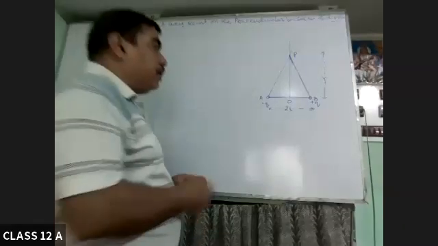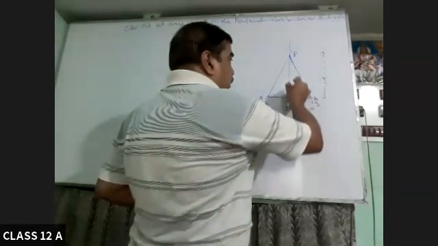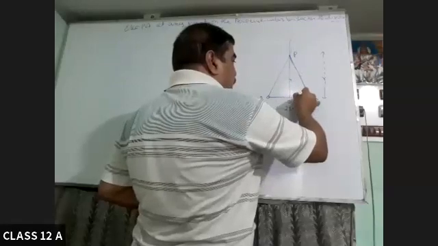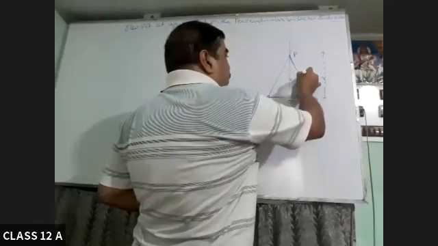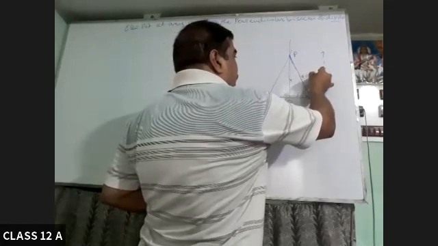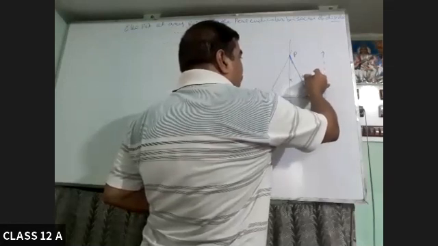Zero, yes, it will be 0. So what will be here? If this is distance r, this is L, then this distance S will become under root R square plus L square.